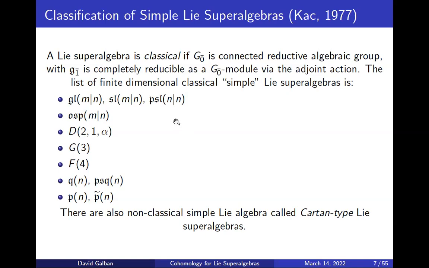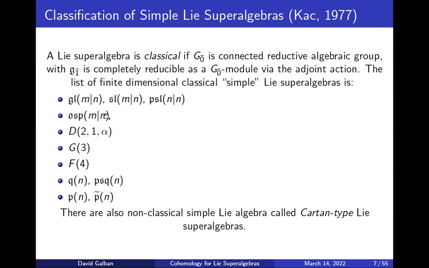So if we just go back for a second, if I look at all of the Lie superalgebras, these are going to be, first of all, GL(m|n), the set of all m+n by m+n matrices, where the top left and bottom right quadrants correspond to our even portion, and the top right and bottom left correspond to the odd portion. SL(m|n) is just going to be all matrices of supertrace 0.